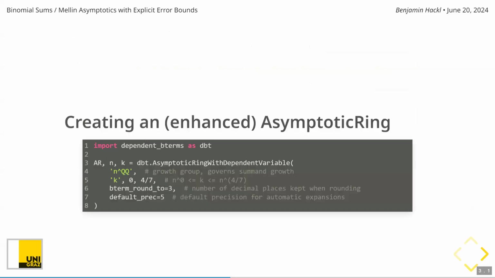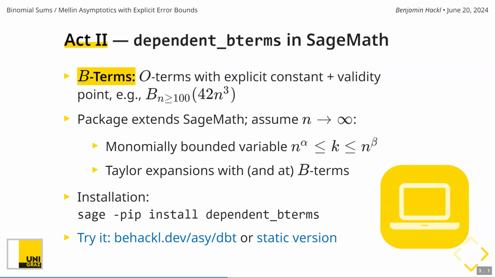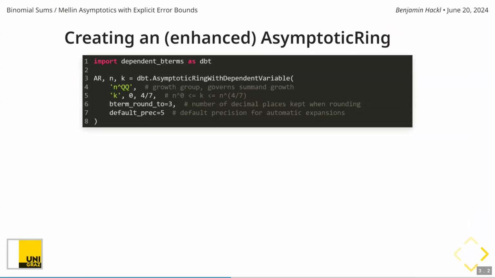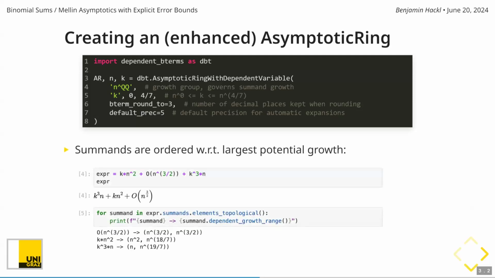For the b terms that appear here, it turned out to be convenient to build in some automatic rounding, because there's a lot of weird symbolic manipulation going on, and in the end, you'd actually just want a numeric constant. Doing that immediately means that the computer doesn't have to struggle so much with extremely large symbolic constants, which is a pain, actually. So we have this one here, and we have some default position that is used when terms are expanded automatically.